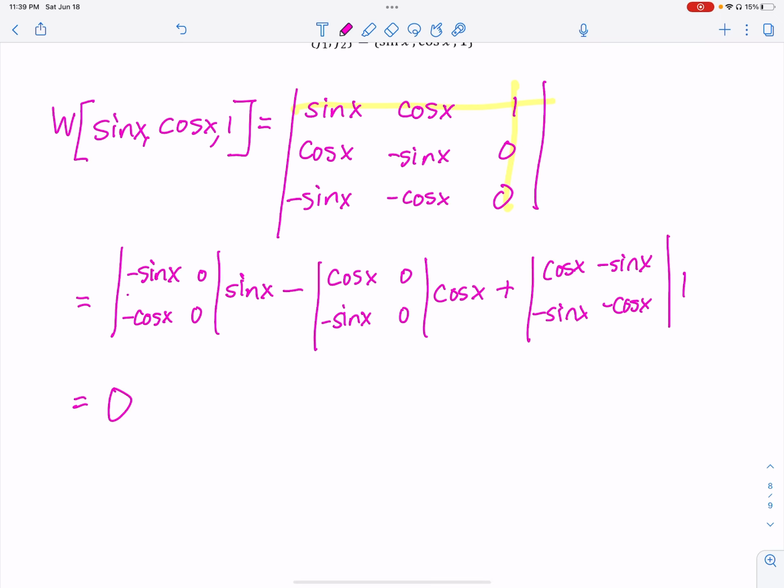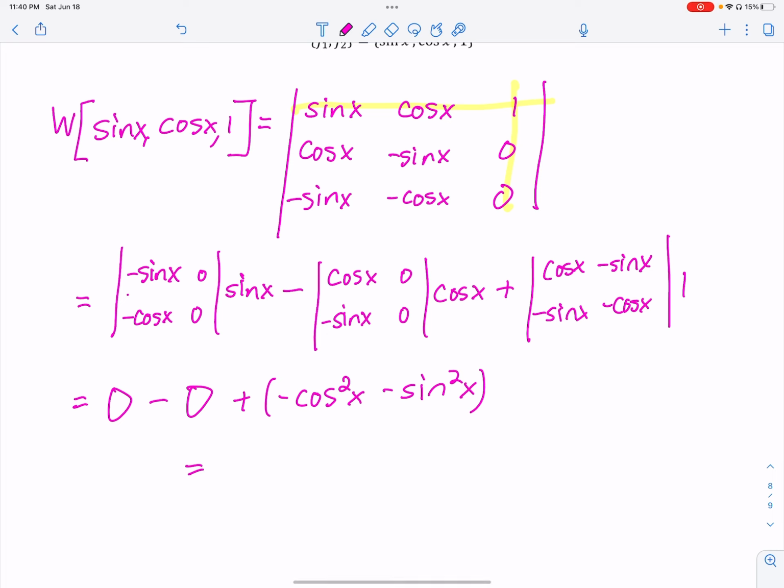We get a 0 in the first one, minus 0 in the second one, plus, and then this is where it all works out, we get a negative cosine squared, and then minus, and that's going to be a plus, so minus sine squared times 1.